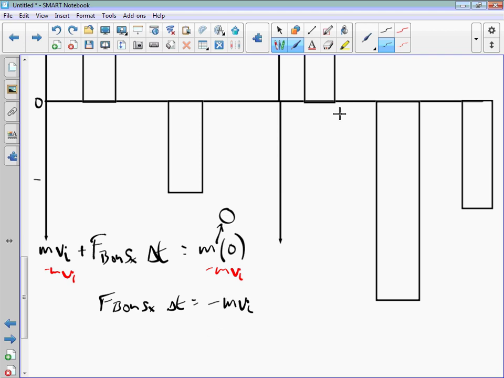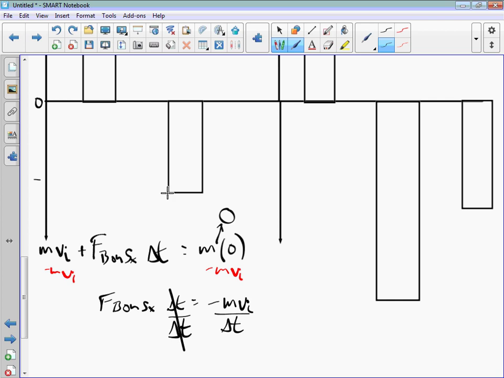And since we are trying to get force by itself, we're going to divide both sides by change in time. So that cancels. So the force of the board on the sad ball in the x direction is equal to the opposite of the mass of that sad ball times its initial velocity, over the change in time.